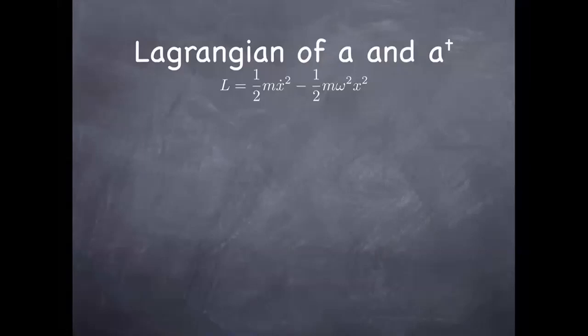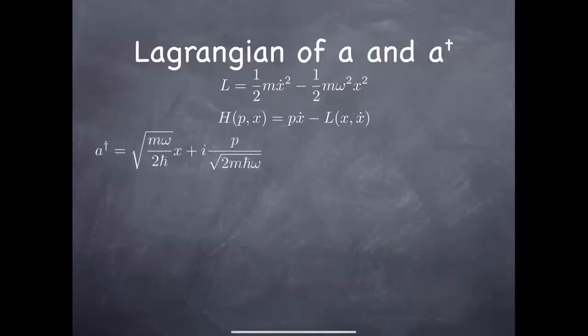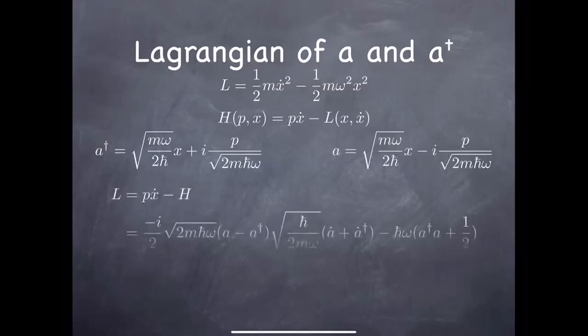But we know how to rewrite it with P and X, first of all, because we have derived this Hamiltonian as a function of P and X. And the relationship between L and H is by this Legendre transform. So let us use this backwards to write the Lagrangian using A and A dagger by following steps.